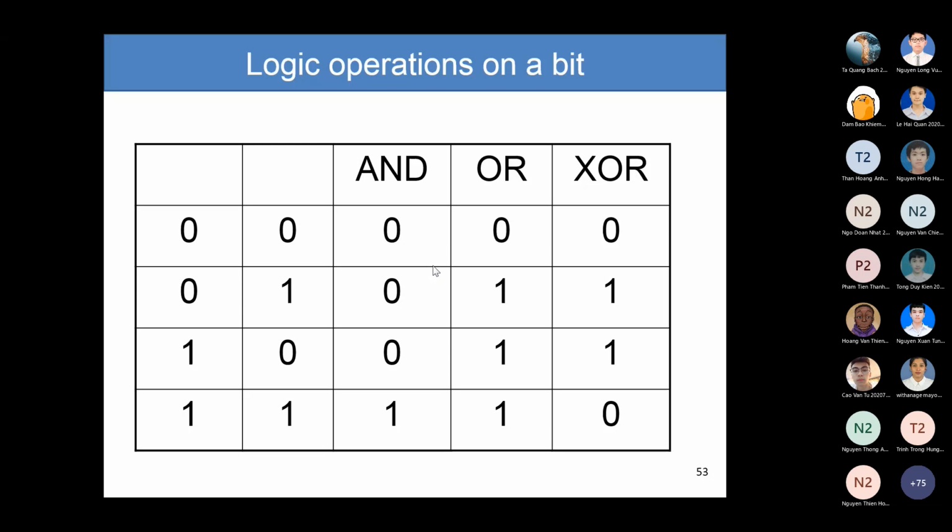So I think most of you studied electronics or automation, right? So there are some AND and OR components in your logic circuits. The principle is the same.